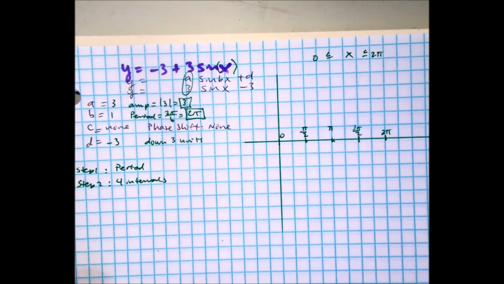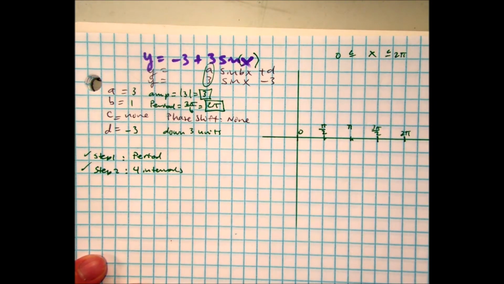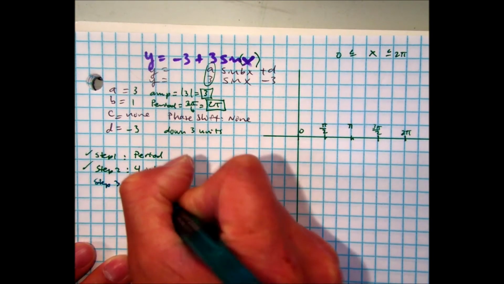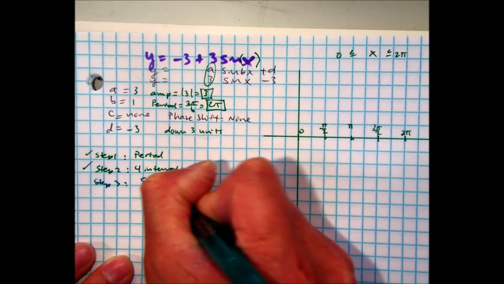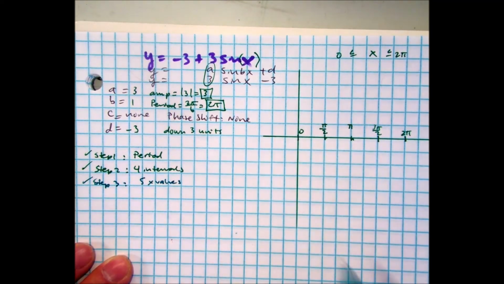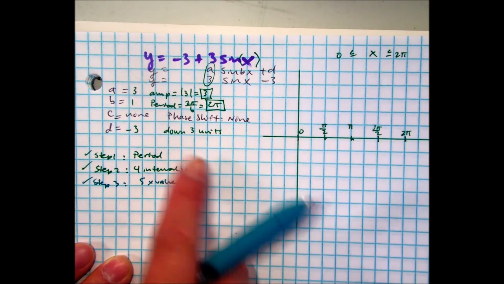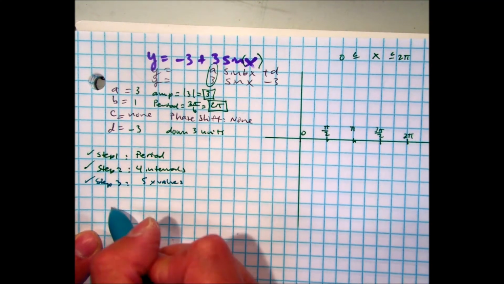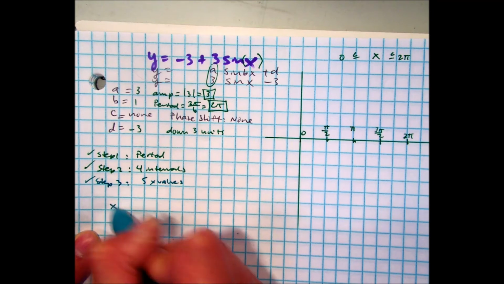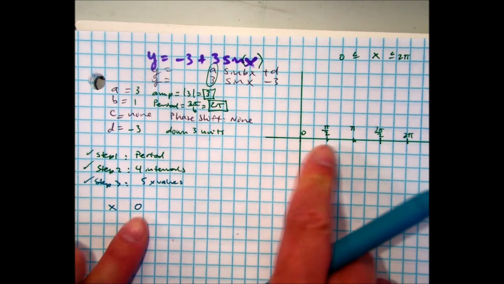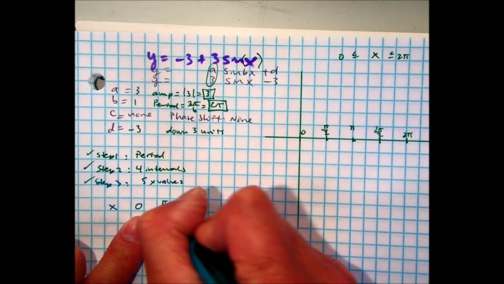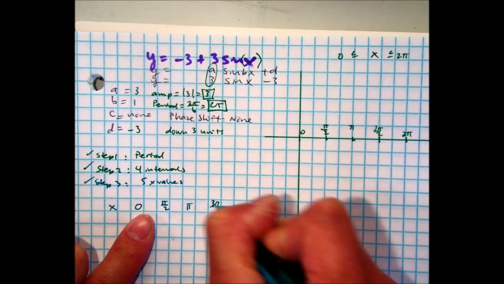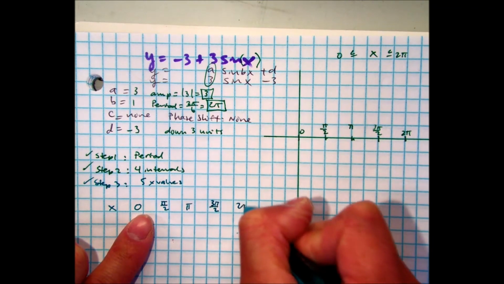Alright, let's work on now our 5 x values. Now we are going down 3 units, so I'll work over here. My x values are 0, pi over 2, pi, 3 pi over 2, and 2 pi.